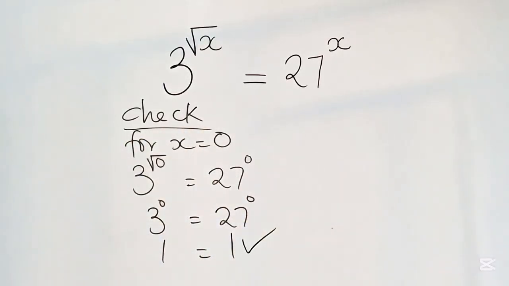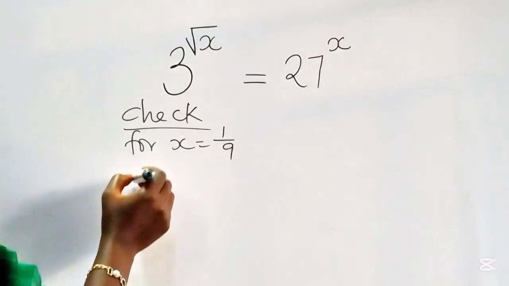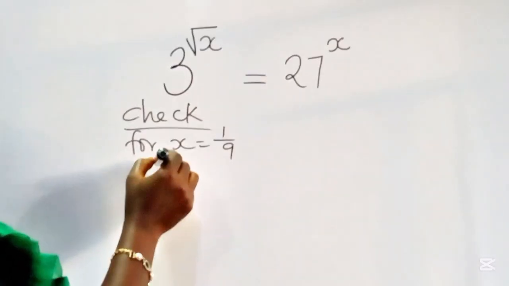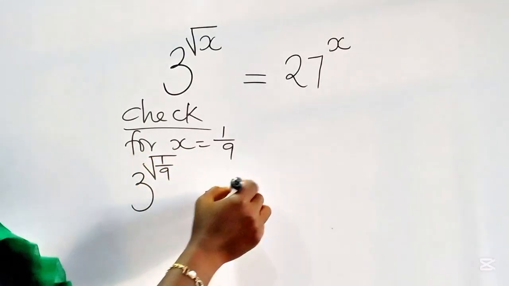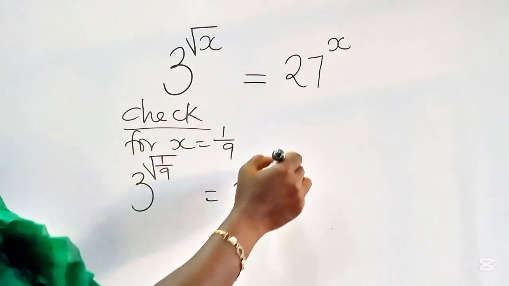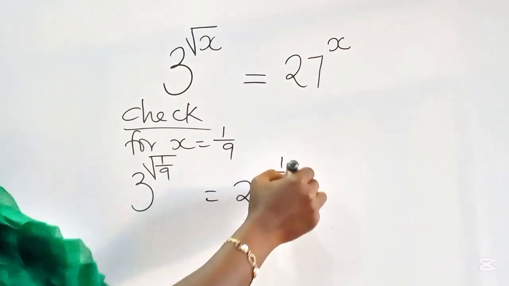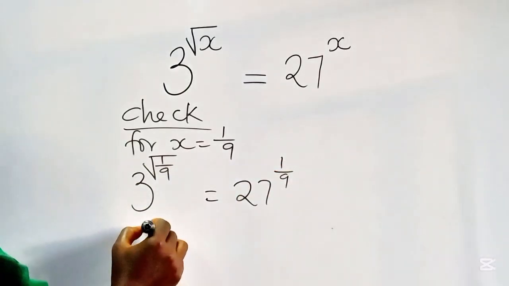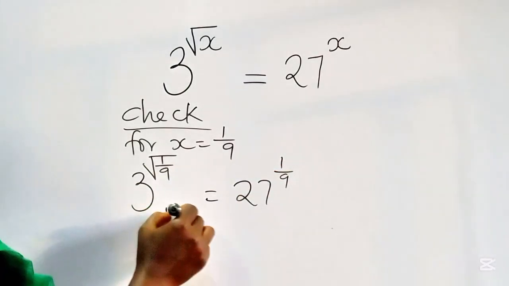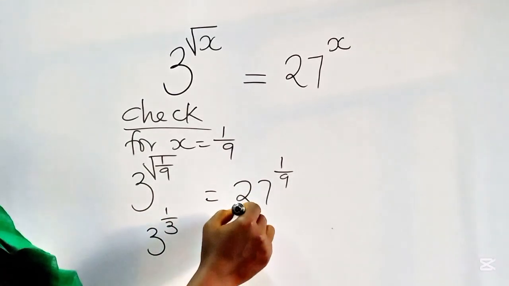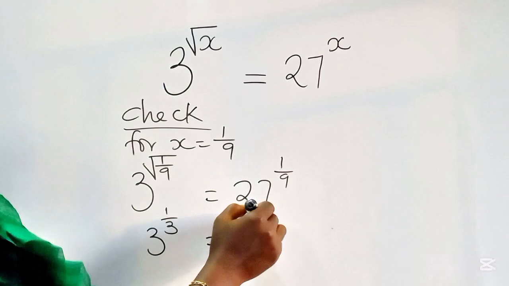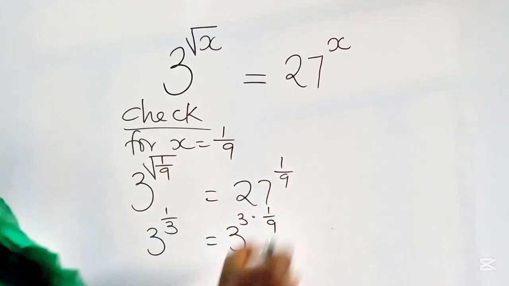So now let's check for when x equals 1 over 9. So we're going to have 3 to the power of the root of 1 over 9 is equal to 27 to the power of 1 over 9. So this is going to give us 3 to the power of 1 over 3 is equal to 27, which is the same as 3 to the power of 3, then multiplying 1 over 9, right?